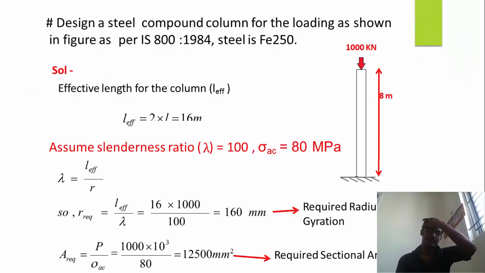This is how a normal steel compound column is designed as per IS 800. Here we can see that 1000 kN of loading is used. Hence, let us go for a combined column.